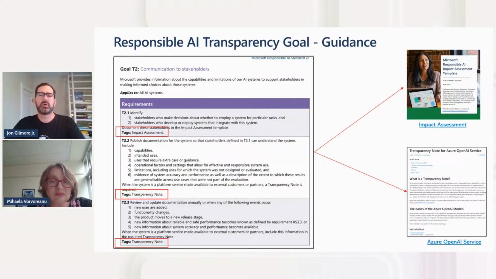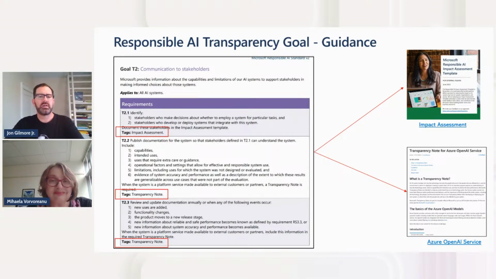And then the third requirement is to keep the stakeholder documentation updated. And it lists the type of events that should trigger an update. This tool and practice is also the transparency note. So as you go through the standard, a lot of the requirements for completing goals are met with a responsible AI impact assessment for the product.